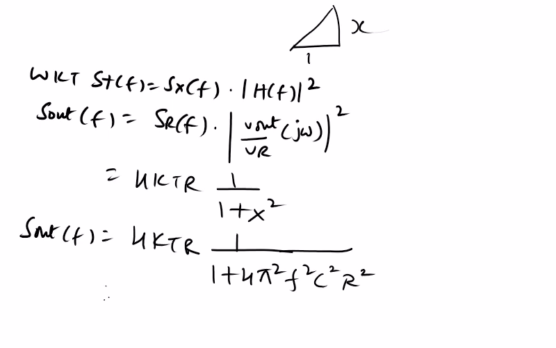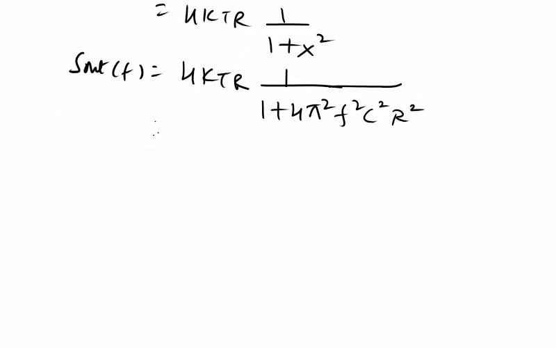So it is 4kTR into 1 divided by 1 plus x square, so 4kTR into 1 divided by 1 plus 4 pi square f square C square R square.